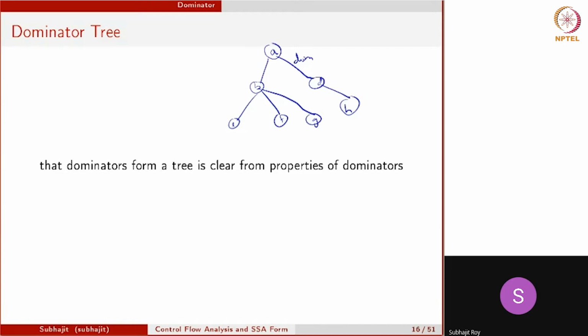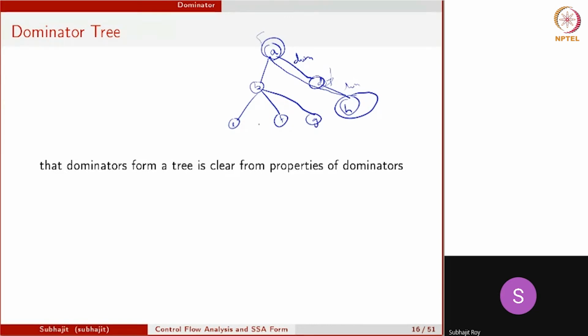So essentially it says that D is the immediate dominator of H and A is the immediate dominator of D. And how do you get the set of dominators of H? You just walk through the edges in the tree and you get the set, which is nothing but the set A, D.